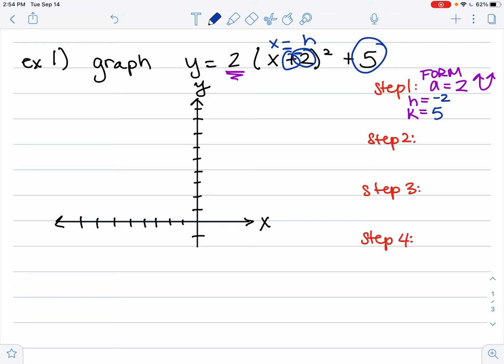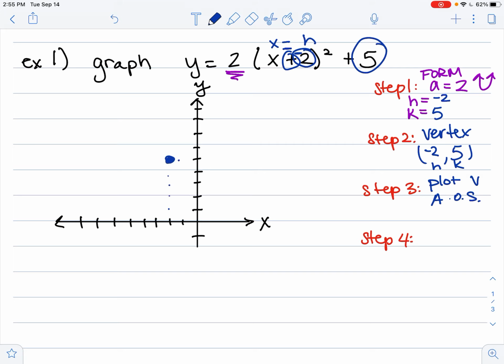Step 2, we identify where the vertex is: h comma k, negative 2, 5. Let's plot the vertex as well as the axis of symmetry. The vertex is negative 2 comma 1, 2, 3, 4, 5.